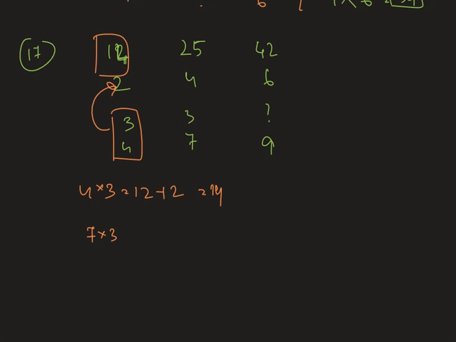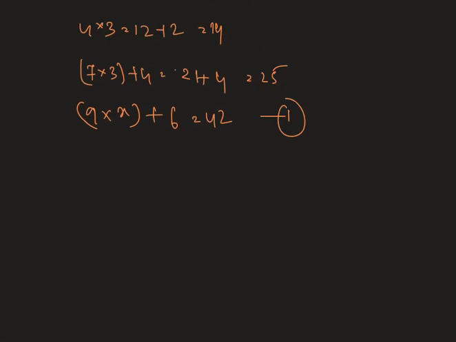If we multiply 3 into 7 and add 4 we get 21 plus 4, 25. Similarly, if we multiply 9 into the missing number, suppose x, and add 6 we get 42. So in this particular equation we get our required value.